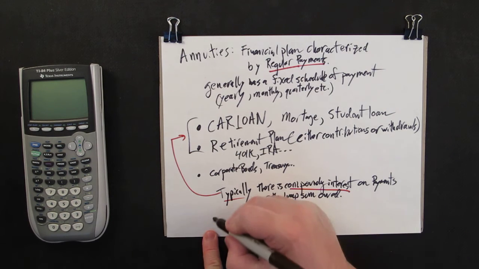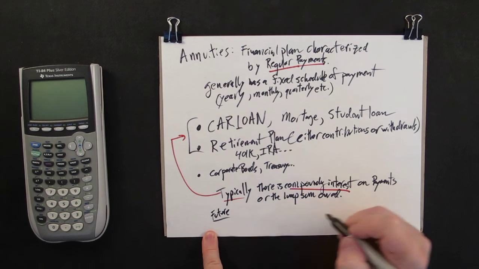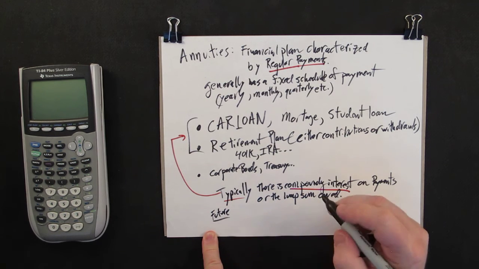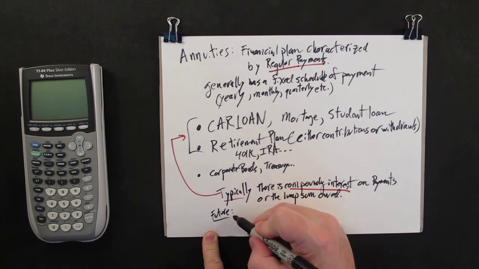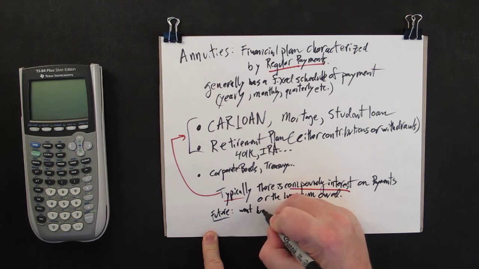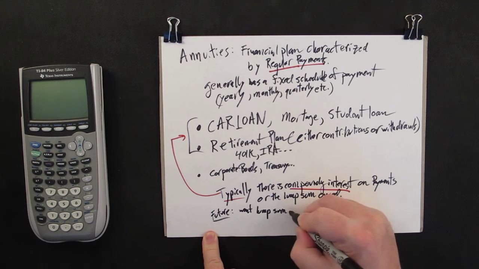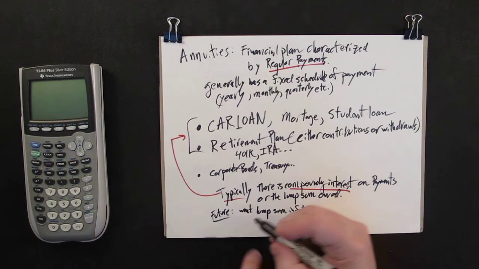A couple other things you want to be aware of is future. So this, and if you want the lump sum in the future, then you're looking for the future value.